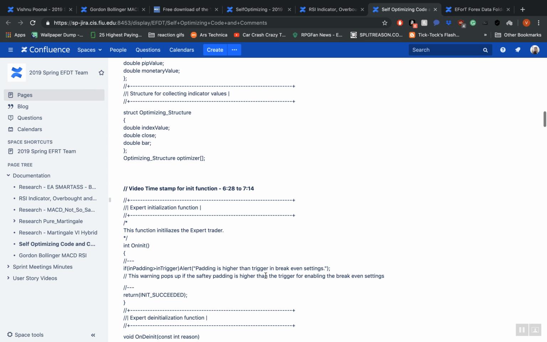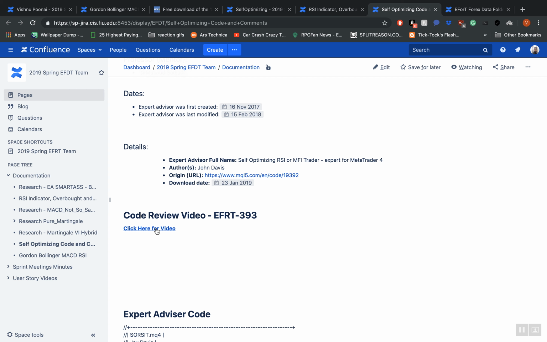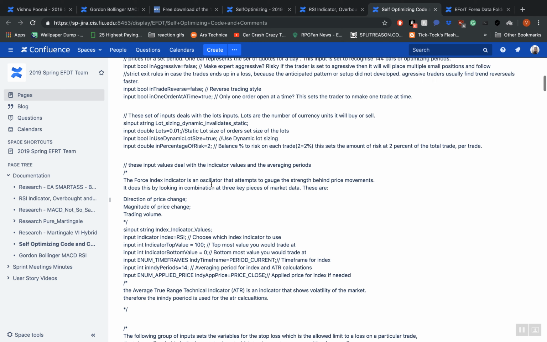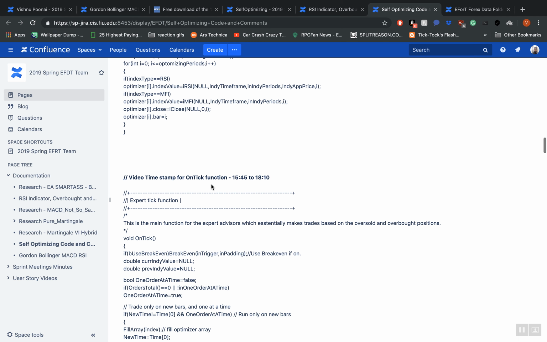I added all the code on this page, and I created a video just reviewing the code. I recommend that after you run through some optimization and gain a general understanding of the RSI indicator, you come to the code and watch the video I've posted here. I have the timestamps for the sections of the code and the functions that you can skip to, to help you understand.